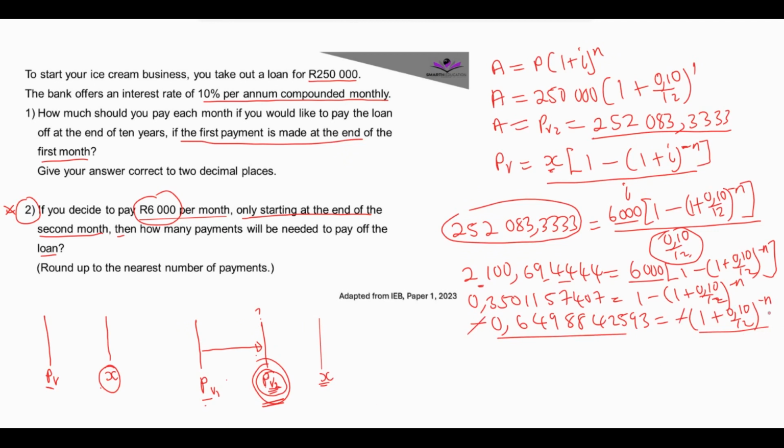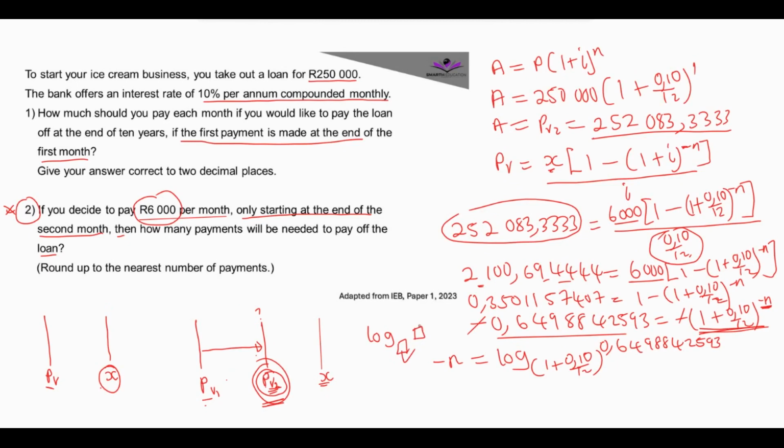Now we can change from exponential form to log form. When changing from exponential form to log form, the exponent is the subject. So negative n is equal to log, where the base is 1 plus 0.10 over 12, and the number is 0.6498842593. Remember, there is a function like this in the calculator.